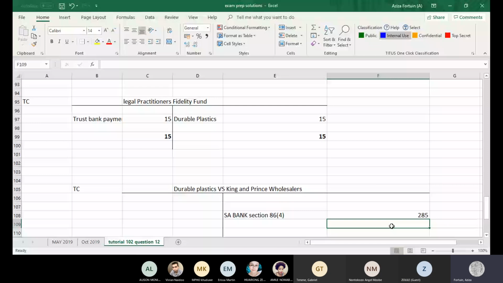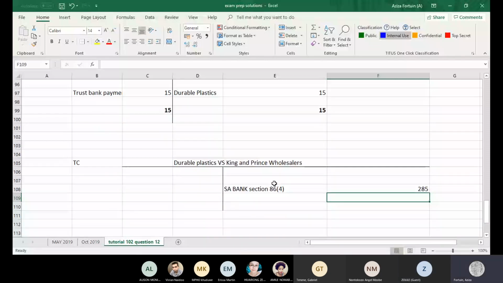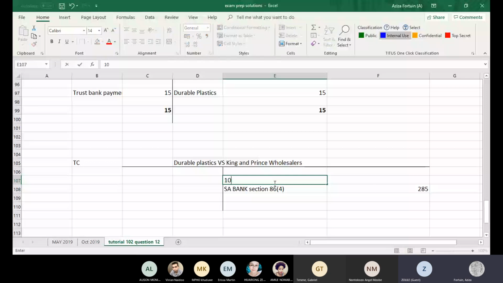Anything else that's going to go into my Durable Plastics trust creditors ledger? The money that was received on day 10, which was how much? 15,000. Okay.